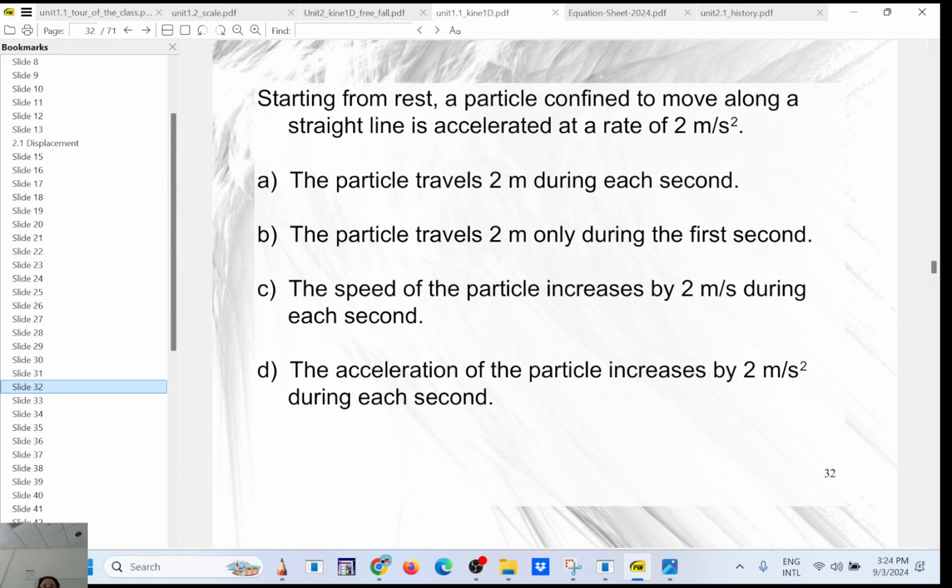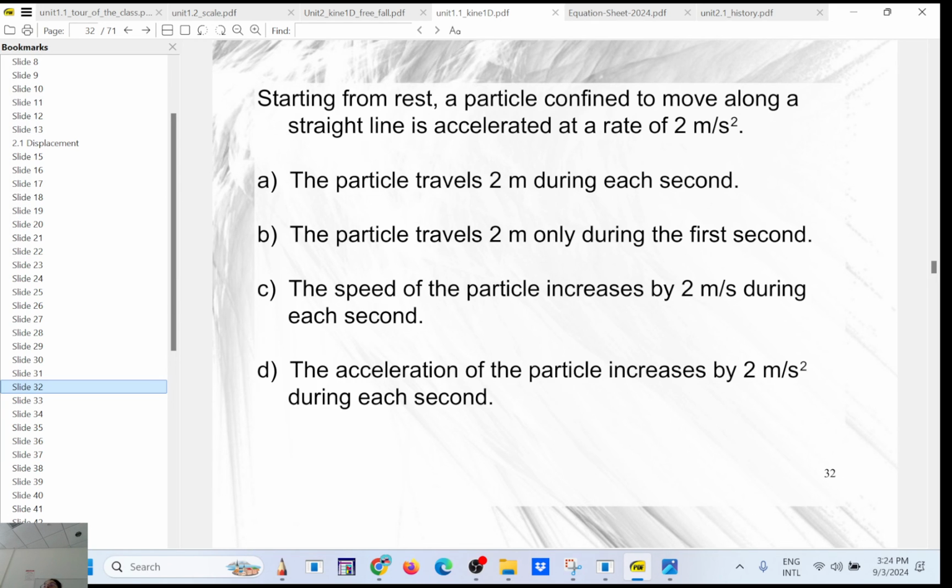Okay, so what do you think? Which one is right?